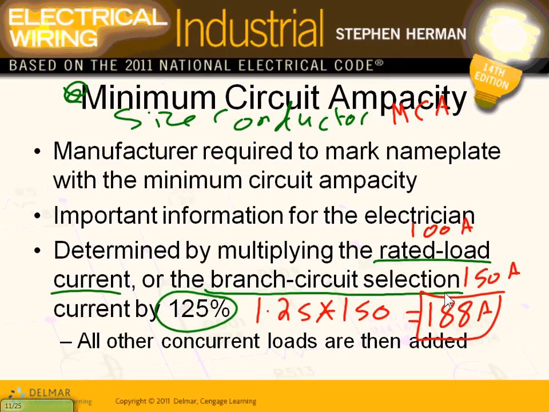Guess what? If you end up working for a manufacturer of this type of equipment, you know what they do? They will be doing all this, and they will be putting this minimum circuit ampacity at 188. So that's how they come up with the minimum circuit ampacity themselves. If it's not on the nameplate for you, which most likely 99% will be, this is how you calculate it. And if you're working for the manufacturer, how does the manufacturer come up with this magic number?